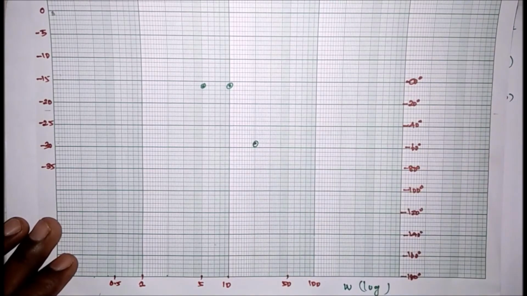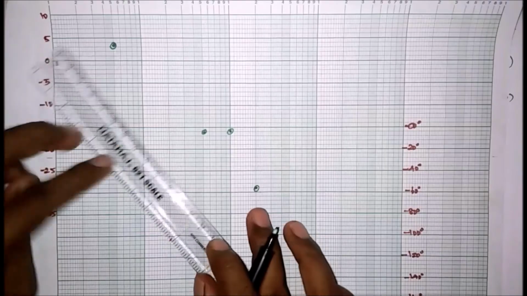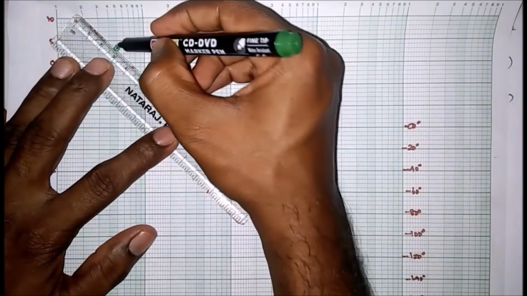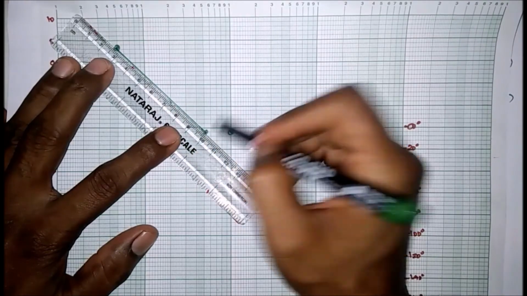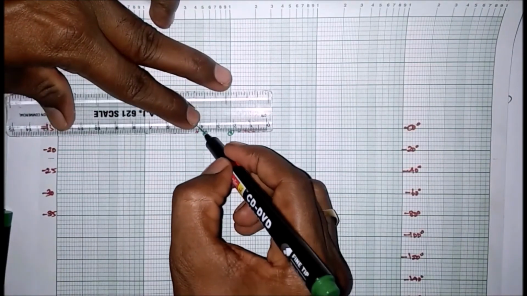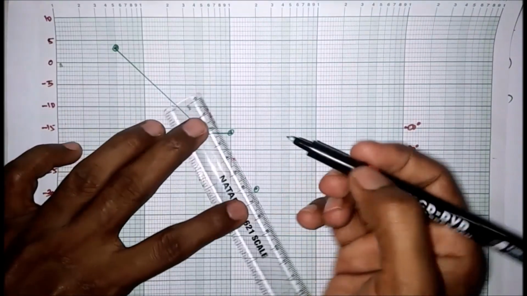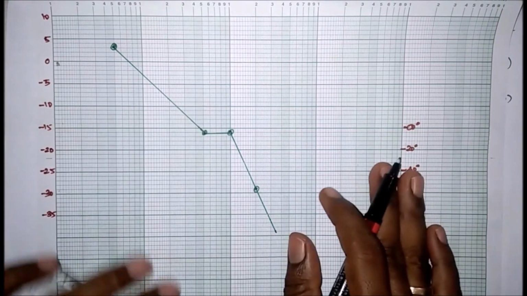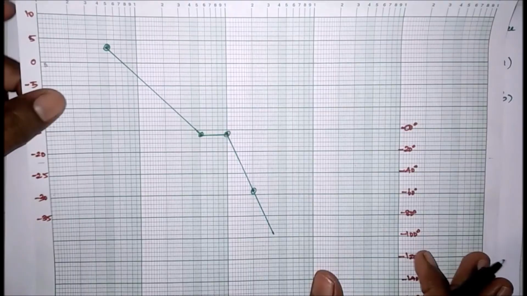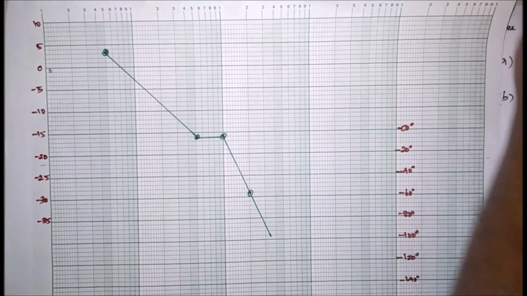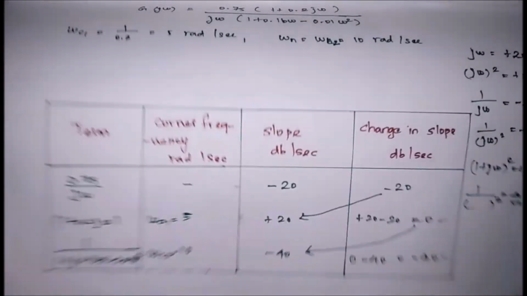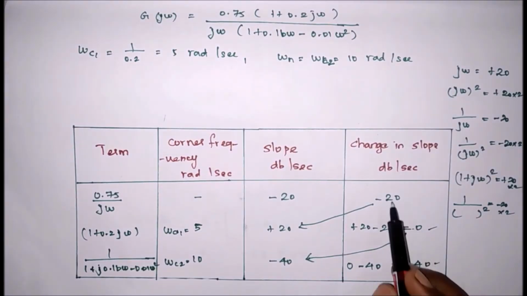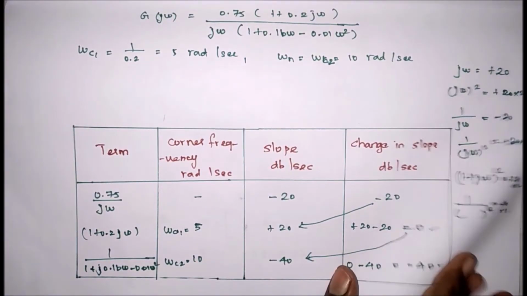Now by using a scale we have to connect all these points. So we have to connect these 2 points, then these 2 points, then this line. We know the decibel values, so we know the slope: first minus 20, then 0, and then minus 40.